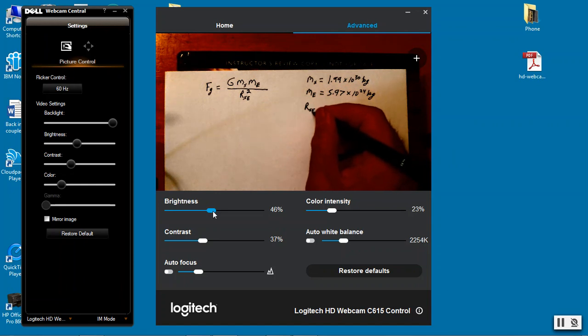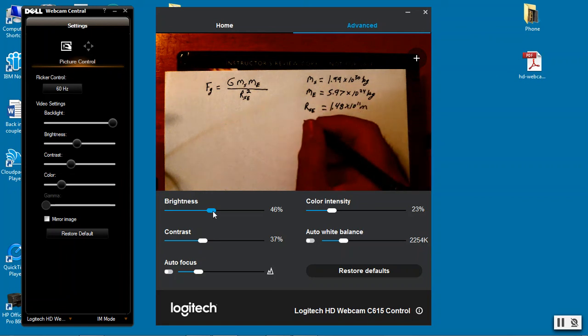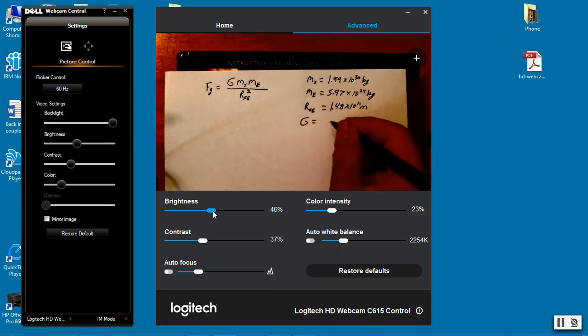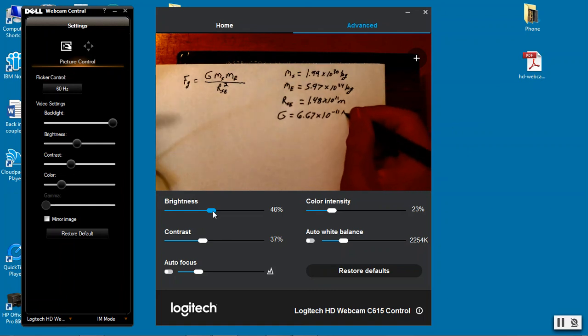And the distance from the center of the Sun to the center of the Earth for the Earth's orbit, 1.48 times 10 to the 11. And big G, 6.67 times 10 to the minus 11 newton meters squared per kilogram squared.